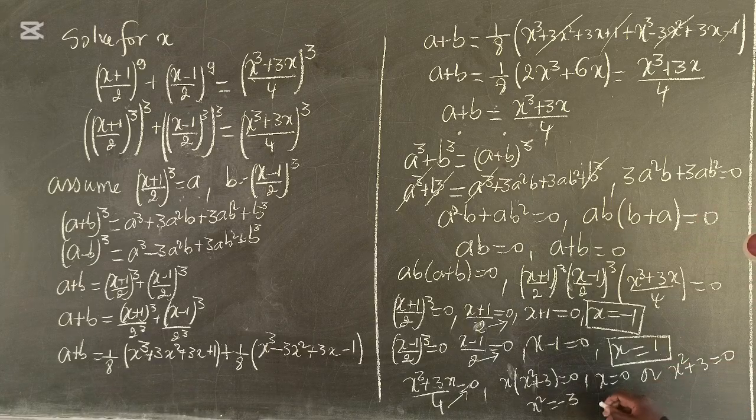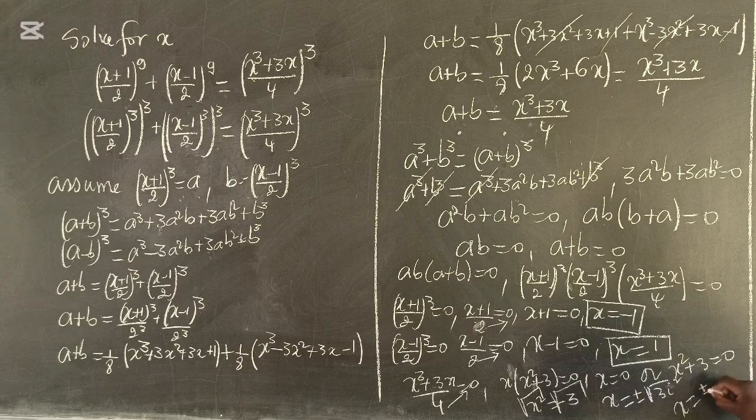Okay, taking the square root, here x is equal to plus or minus the square root of 3i squared, because in complex, i squared is minus 1. Here x is equal to plus or minus root 3 i.